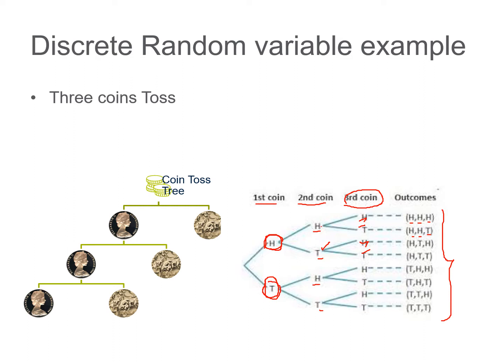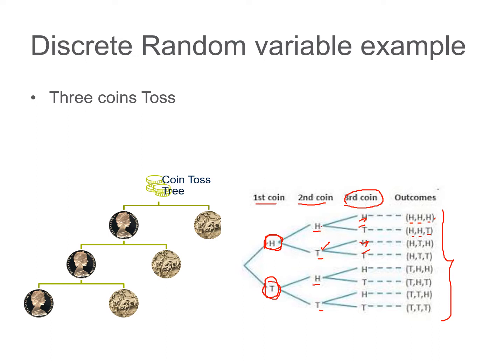So from here we can calculate what are the probabilities. So what is the probability of getting all three heads? What is the probability of getting only one head? Or what is the probability of getting first head and two tails, right? So we can calculate all these different probabilities. So what is the number of total outcomes? Eight, right? So 1, 2, 3, 4, 5, 6, 7, 8.